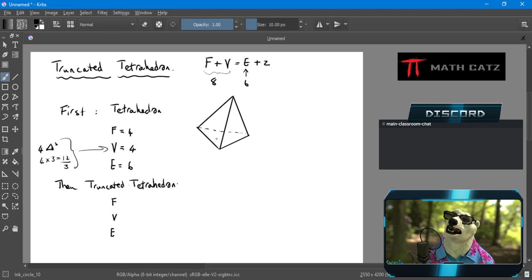So if I cut off this bottom vertex, I cut it off at the back as well. What did I now create? What happens at every vertex is exactly the same, so I just need to focus on one. So now this corner point is gone, and I've cut it off to create a triangle.